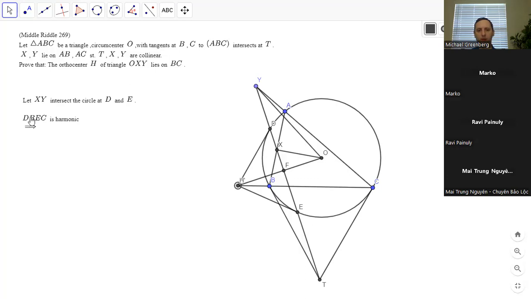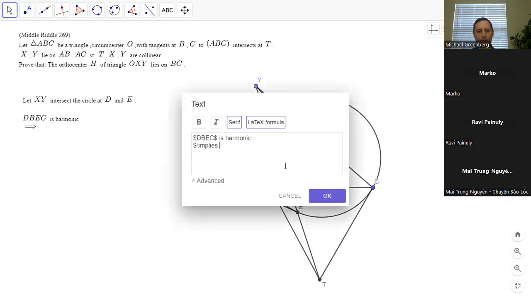But yeah, DBC is harmonic, implies the tangents at D and E meet at a point H prime.